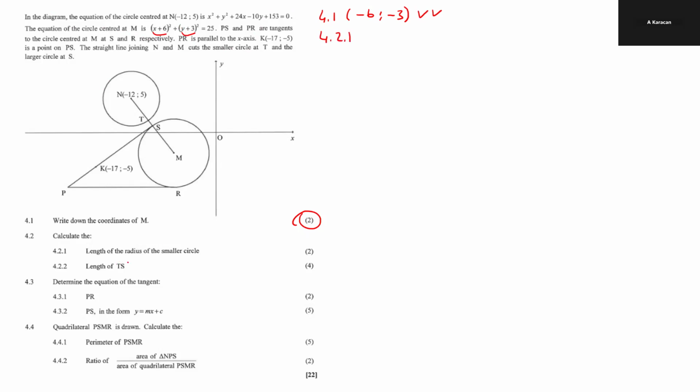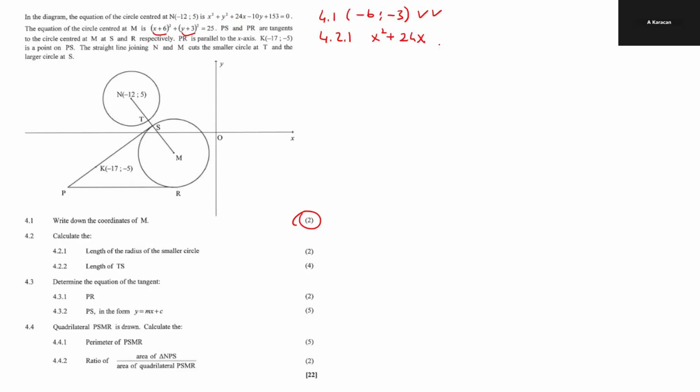4.2.1: length of the radius of the smaller circle. The smaller circle equation is given as x squared plus 24x. We have to rewrite the equation in the form (x minus a) squared plus (y minus b) squared.